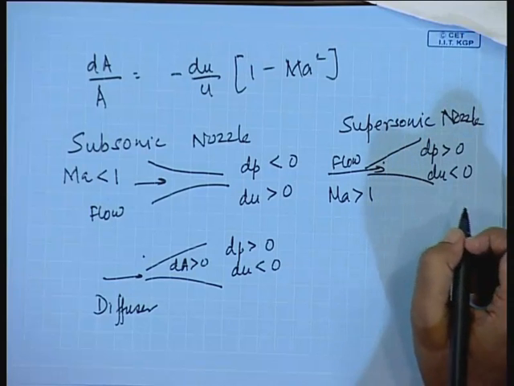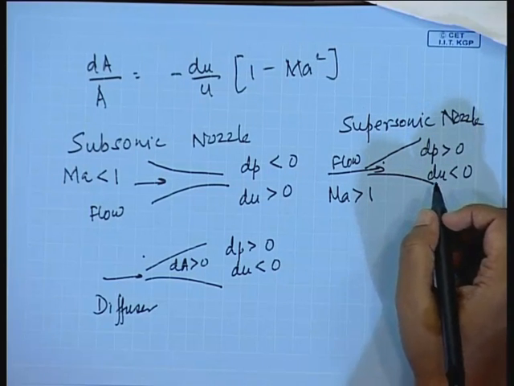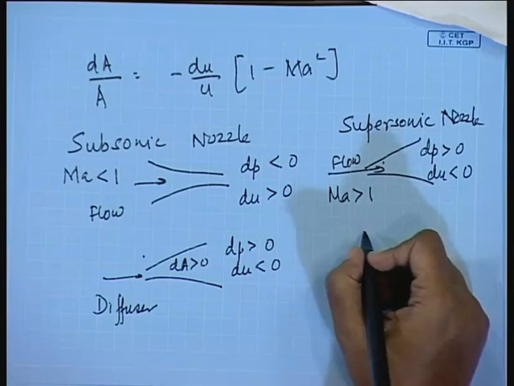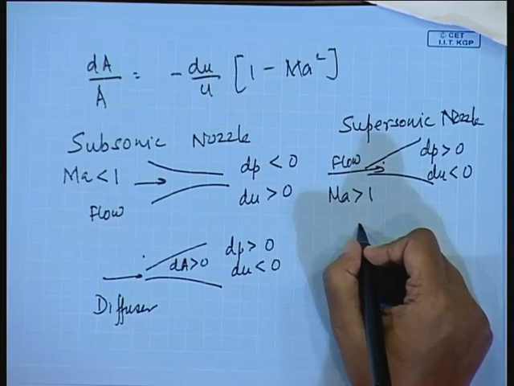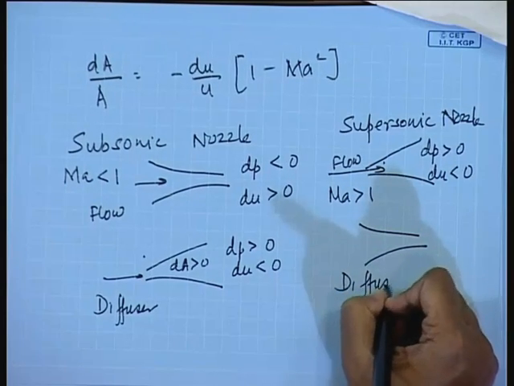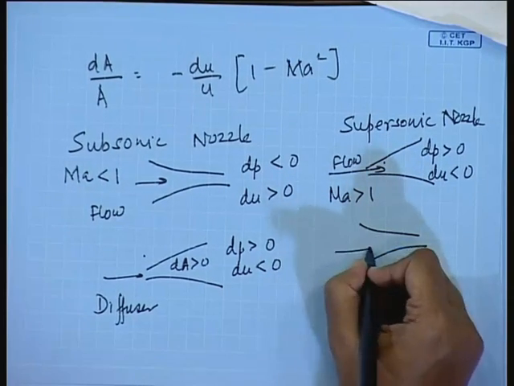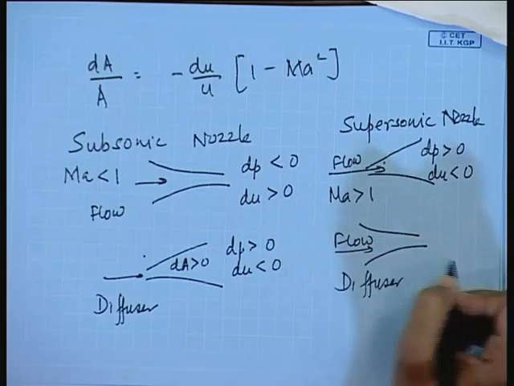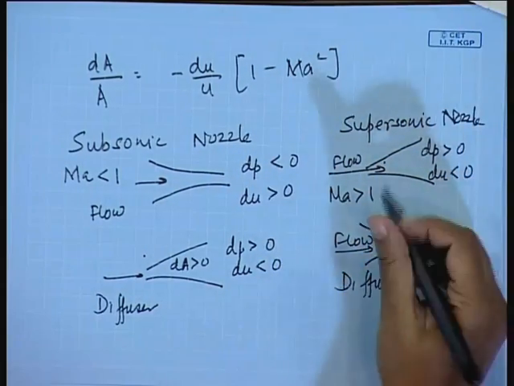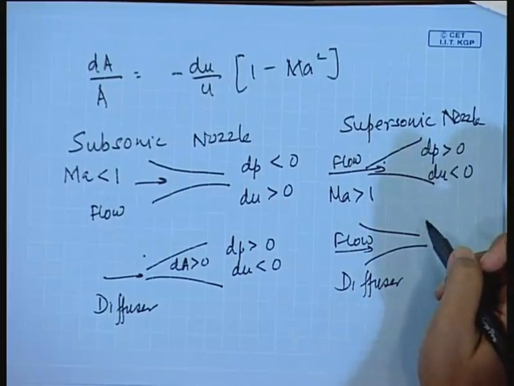So, therefore, the supersonic nozzle is of this particular form and the supersonic diffuser has a convergent profile. Again the same thing, flow is in this particular direction. Okay. So, from these things what do we deduce?